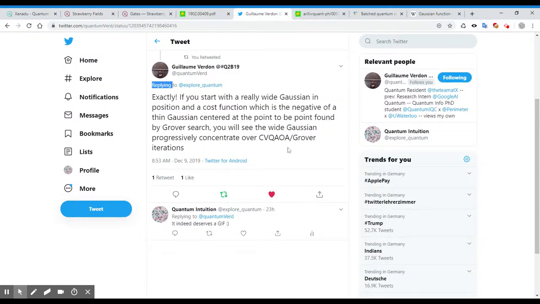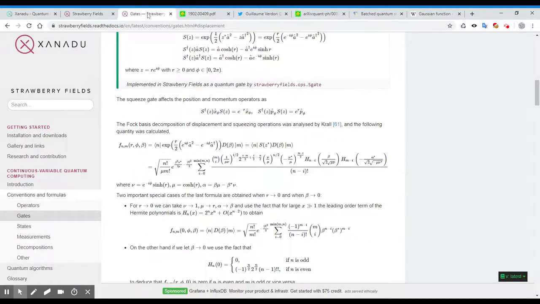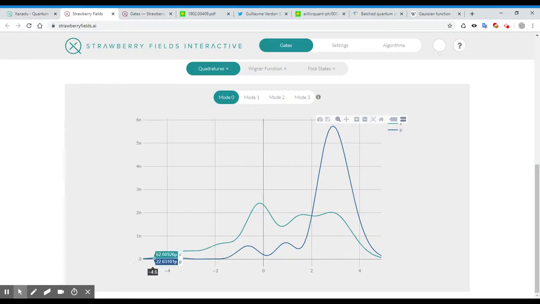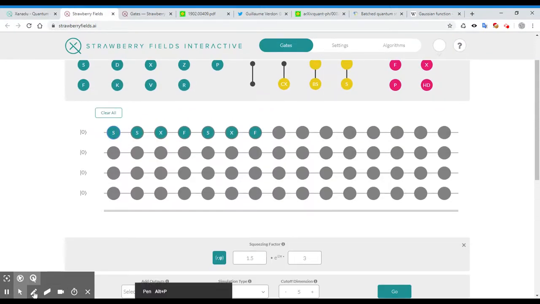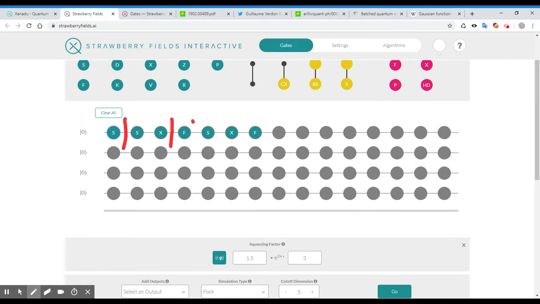Your cost function is a negative of a thin Gaussian centered at the point to be found. Because this is your initial state, then you've got the cost and the mixer.